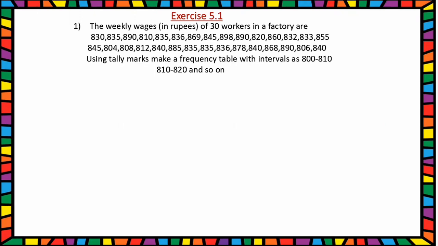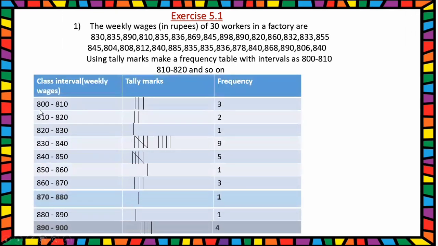So the class width is 10 only, 810 minus 800. The biggest number is 890, so you have to take class intervals up to 900. See the class intervals 800 to 810, 810 to 820 and so on till 890 to 900.